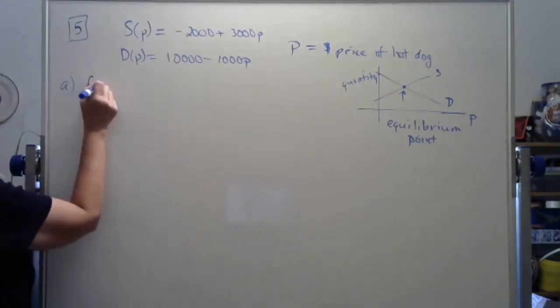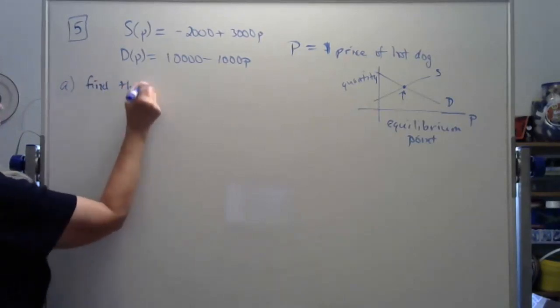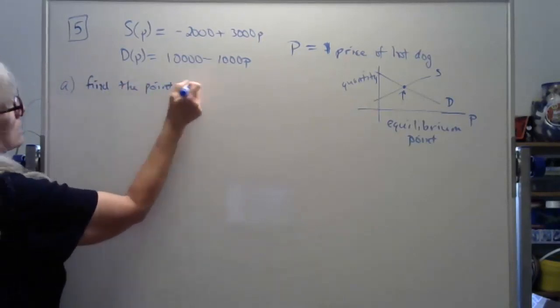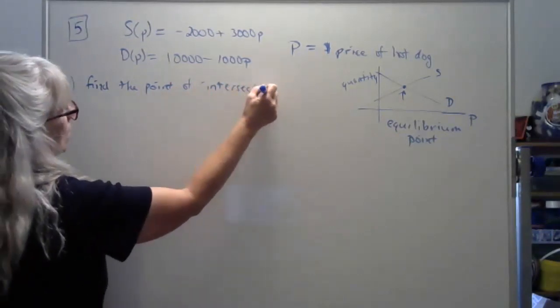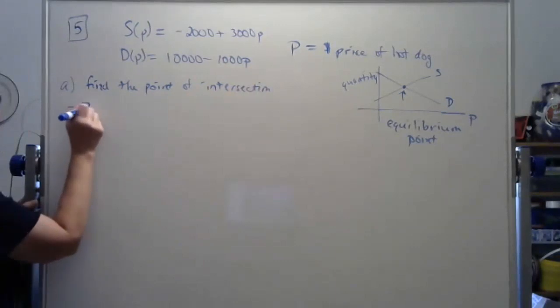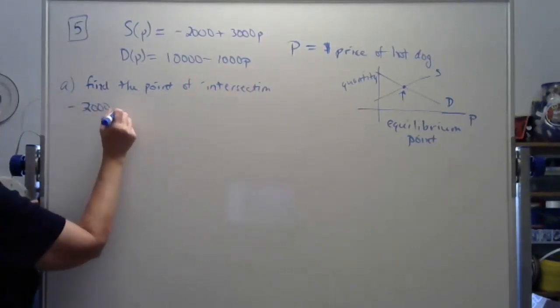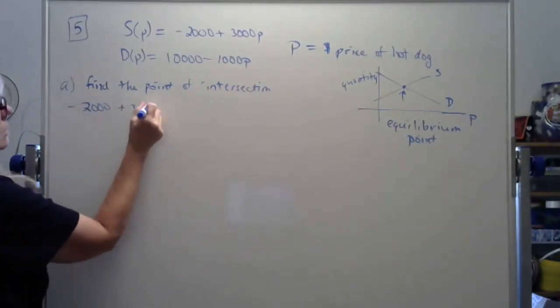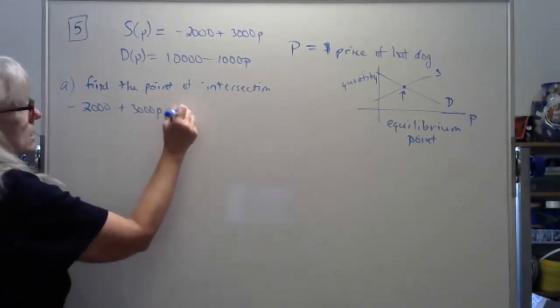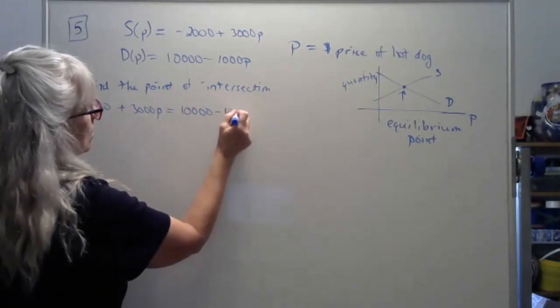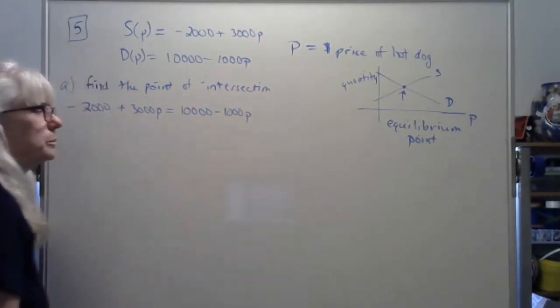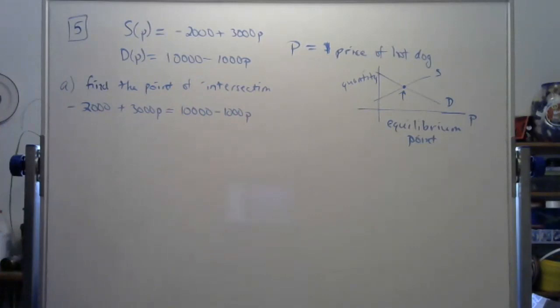So we want to find the point of intersection. We're simply going to set those two functions equal to each other. So we'll do negative 2,000 plus 3,000 P equal to 10,000 minus 1,000 P. Okay, let's go solve it.